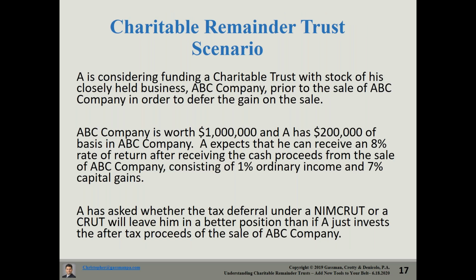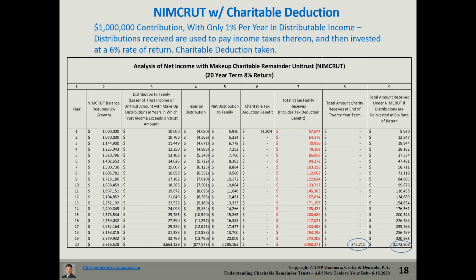So, as I mentioned, this is a very common scenario where we would use this type of situation. If you have ABC company, for example, with $1 million and you expect a large gain, you can structure it in order to avoid the possibility of recognizing the income tax.